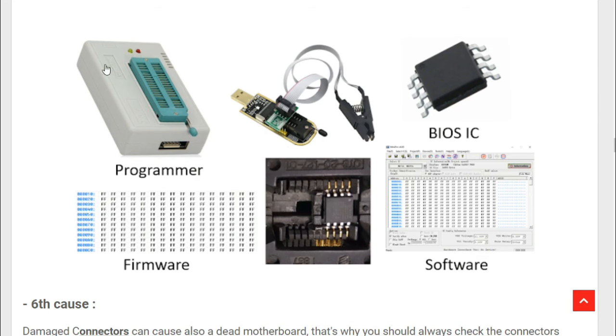Okay, so we have the programmer here. Using this programmer, you should remove the BIOS from the motherboard and then connect it here in this support, and then connect this support to this programmer, and then reprogram it using, of course, the computer. You can find all these programmers on Amazon, for example.